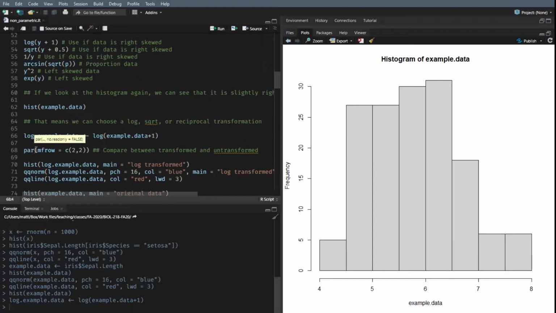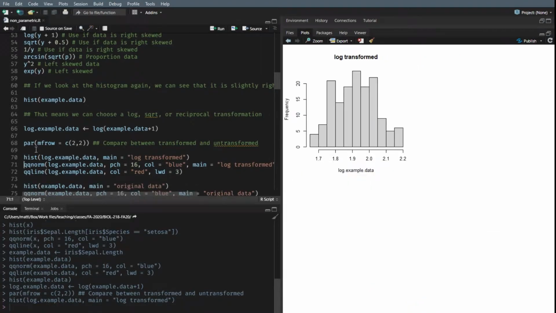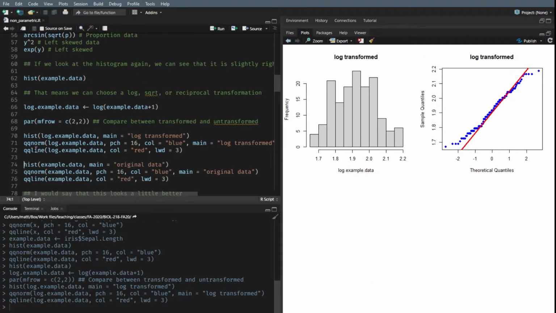Now, what we want to do is compare between our non-transformed data and our log transformed data. And so I want to run par mfrow to give us 4 cells in our plotting canvas. And then we're going to run our histograms and QQ norms and our QQ line for our log transformed data. So here you can see it. It's already starting to look a little more normal.